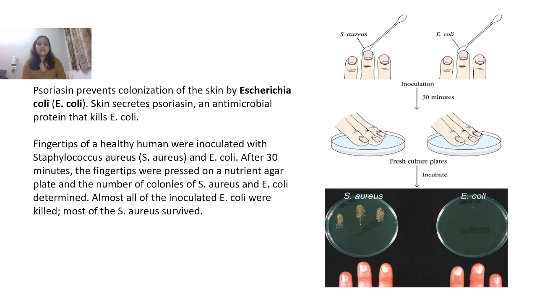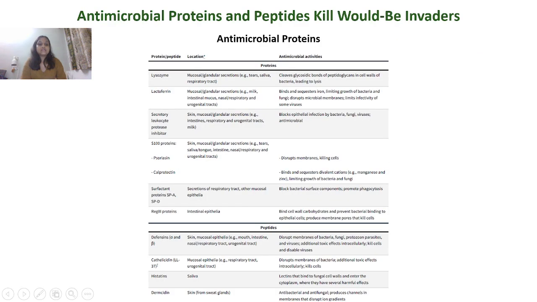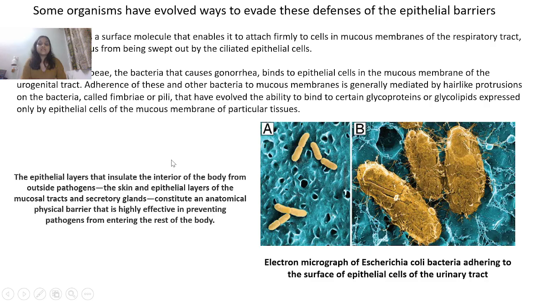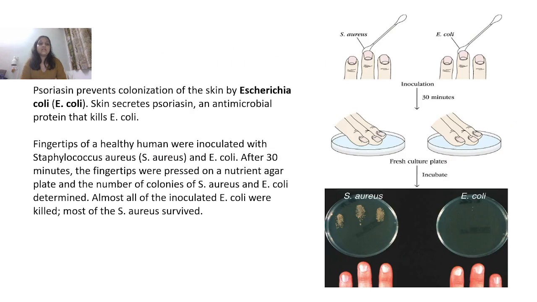So one experiment was done. Here we can see psoriasin, as I already told, is an antimicrobial protein, but these are very specific to some organisms. For example, in one experiment they saw that psoriasin, that antimicrobial protein, prevents the colonization of the skin by E. coli, while it is not effective against Staphylococcus aureus.